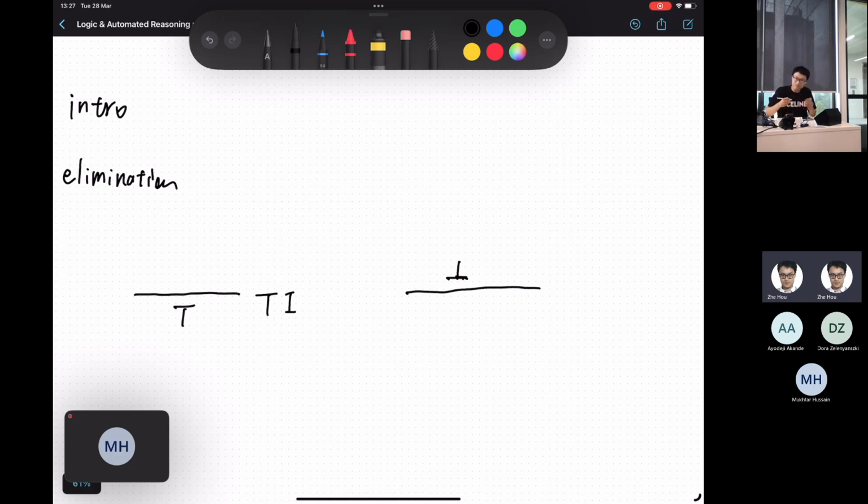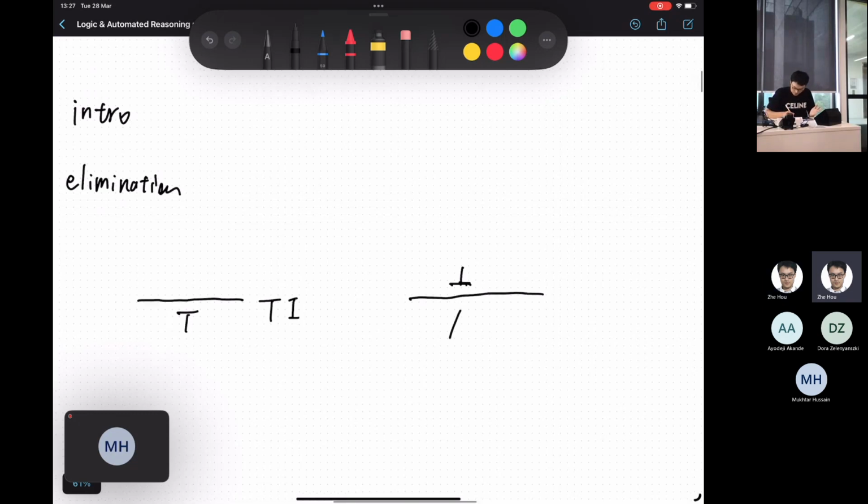So if you have falsity as one of your premises, let's say you can derive a logical formula A, and you actually don't care what A is. A can be anything. If you assume falsity, if you assume a wrong assumption, you can derive anything you like. Okay, so that is falsity elimination. So we eliminate that falsity in our reasoning.